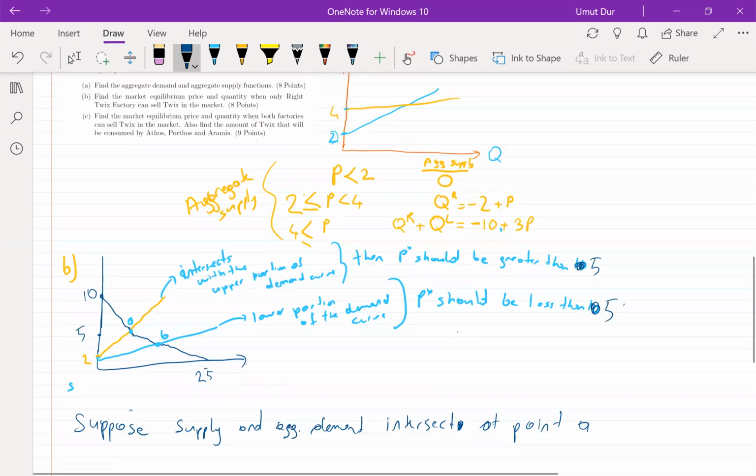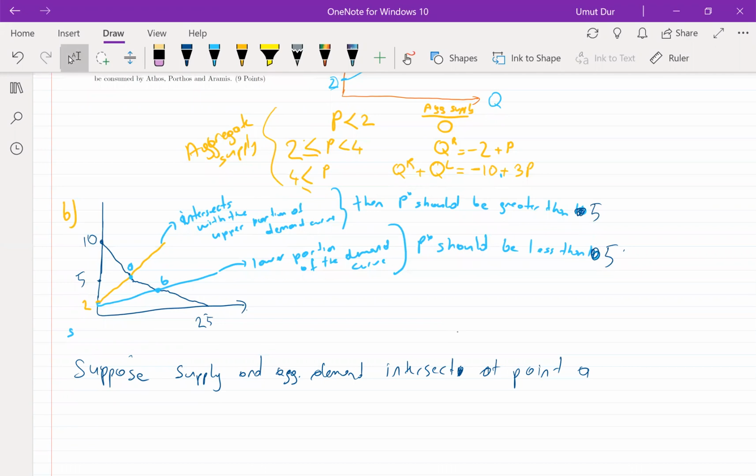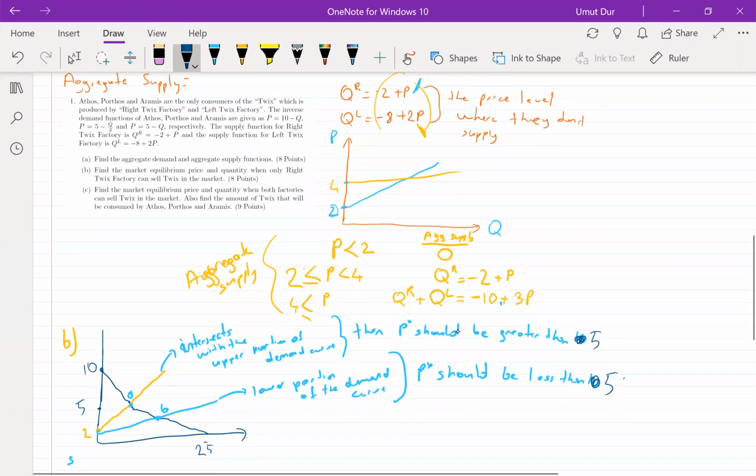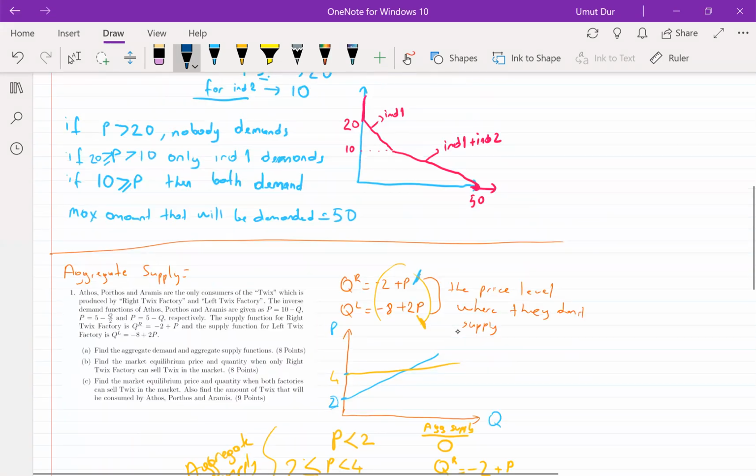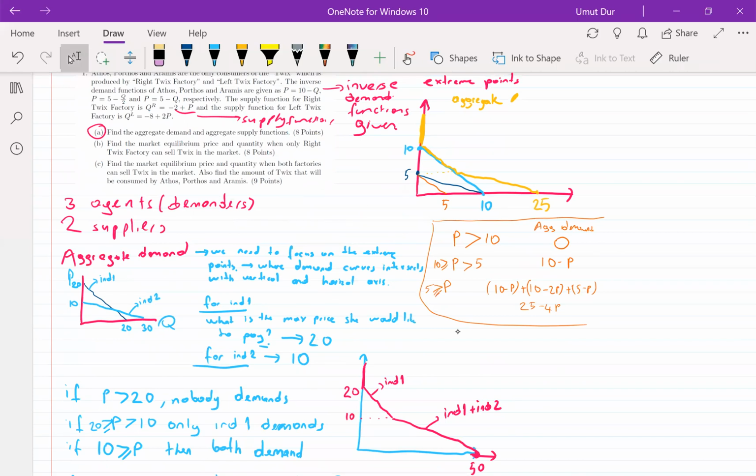So what is the equation for the supply? Q supply is equal to Q aggregate demand. What is Q supply? It is minus 2 plus P. What is the aggregate demand for that portion of the demand? Okay, so when the price is between 10 and 5, it is 10 minus P.